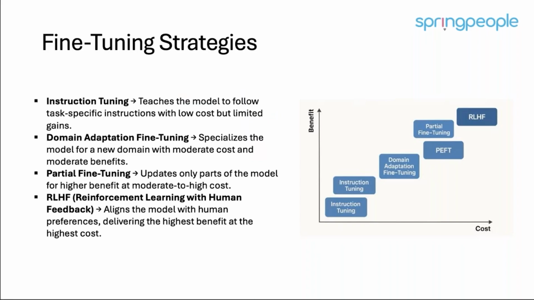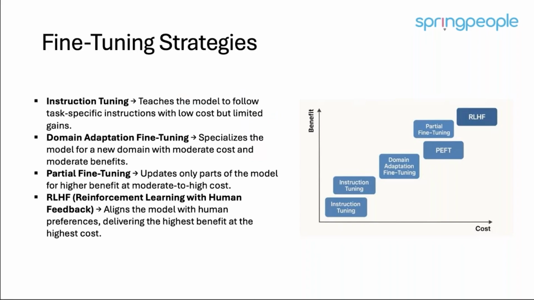If you look at instruction tuning, it is low cost, but the gains are not very effective. If you take domain adaptation fine-tuning, it's with moderate cost and of course moderate benefits. It can sometimes be more than moderate if you actually look at it. And when you do partial fine-tuning, there are higher benefits at moderate cost gain.